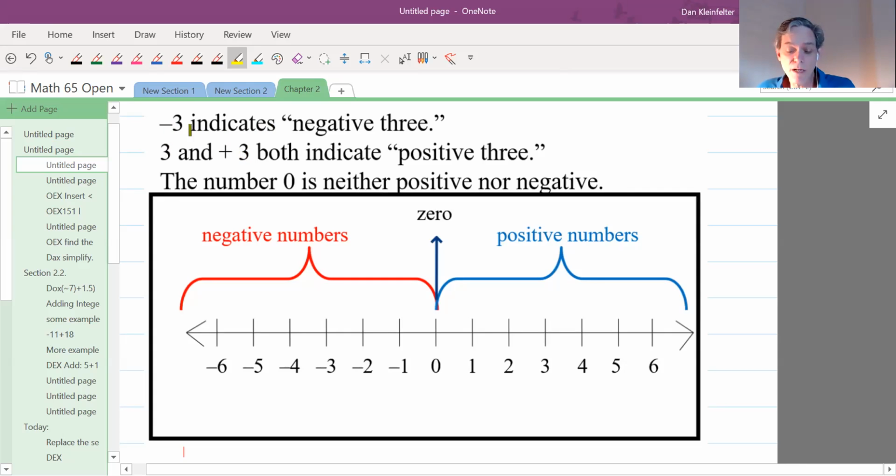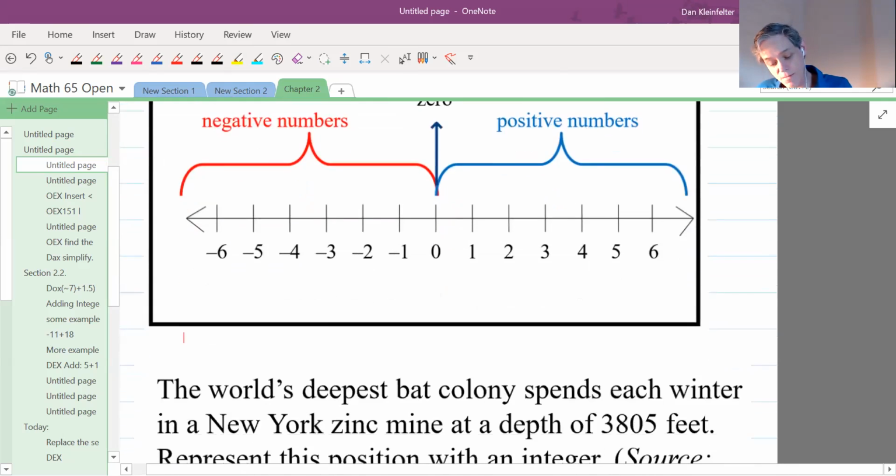For a negative number, you do need to have the minus sign on it. For a positive number, it can either have or not have the plus sign, and it still represents a positive number. Okay, and as I'd mentioned before, the number 0 is neither positive nor negative. So all of these numbers together make up the integers.